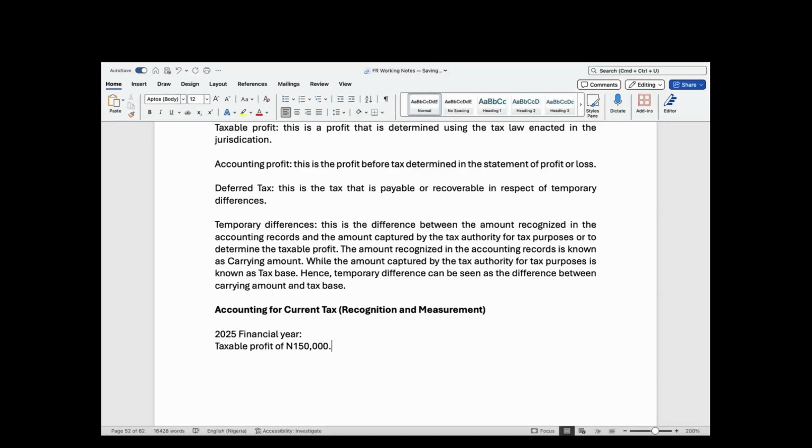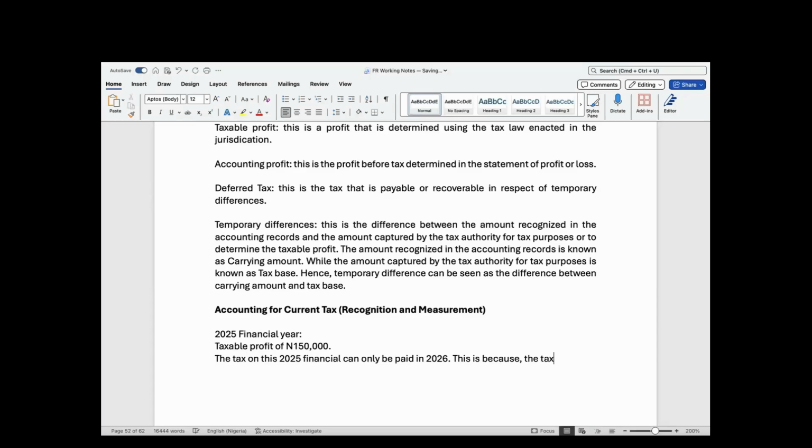The reality is this: the tax on this 2025 financial year can only be paid in 2026.